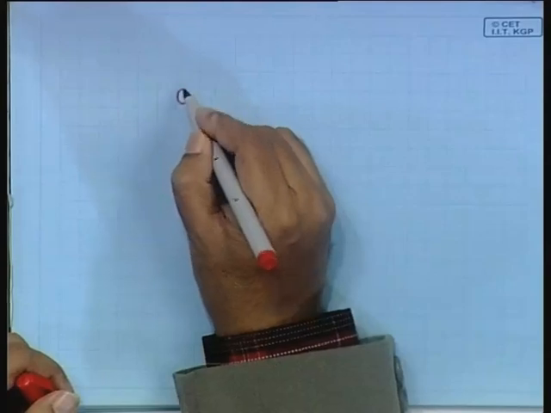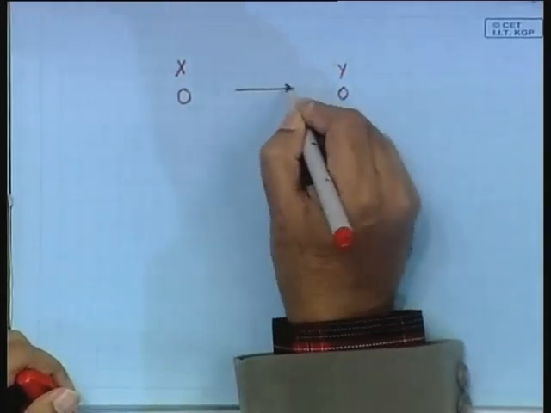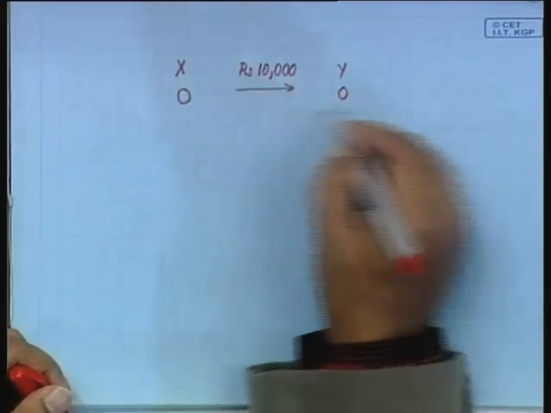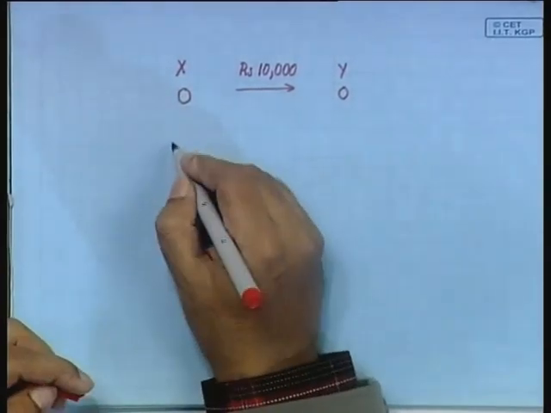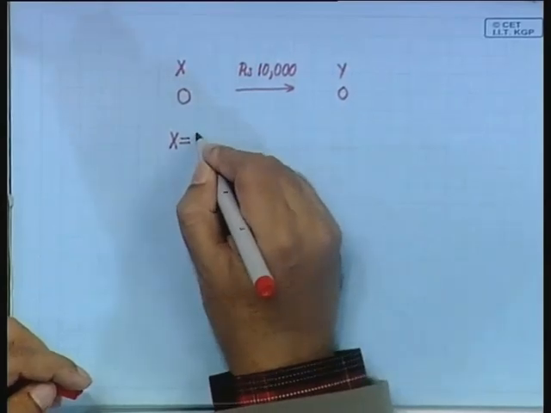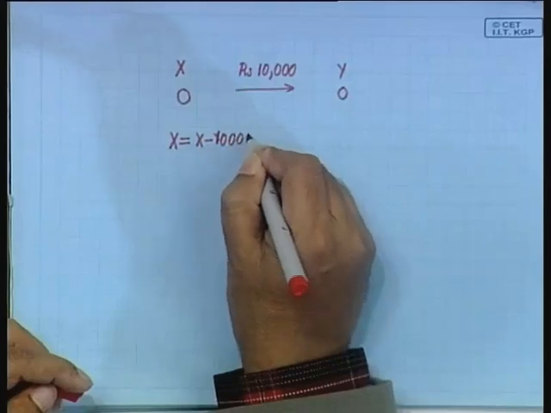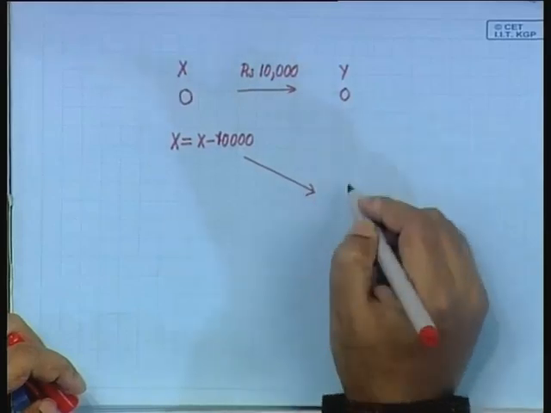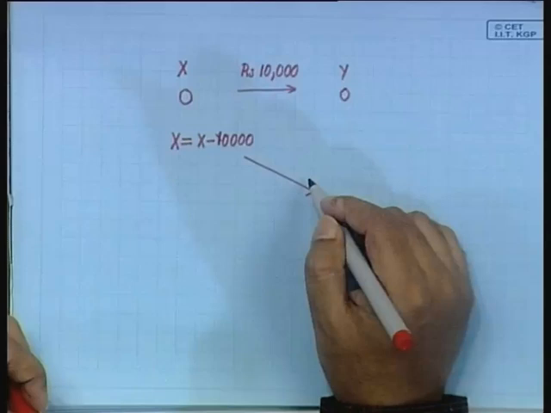For example, you remember that we were talking about the transfer of some amount A, let us say rupees 10,000, from account X to account Y, and we do X equal to X minus 10,000, and then the message that asks Y to add 10,000 is on the way, right.